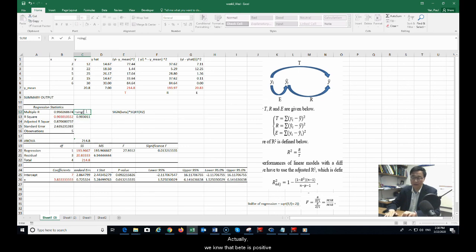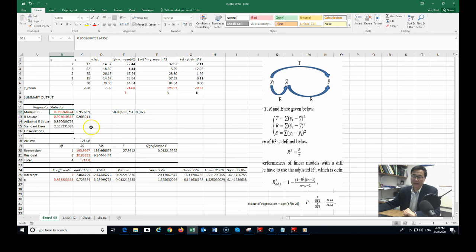So actually we know beta is positive. Sign times the square root of R squared. So this is R squared. Then we replicate our second result.